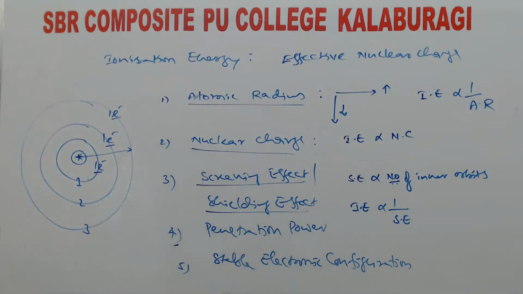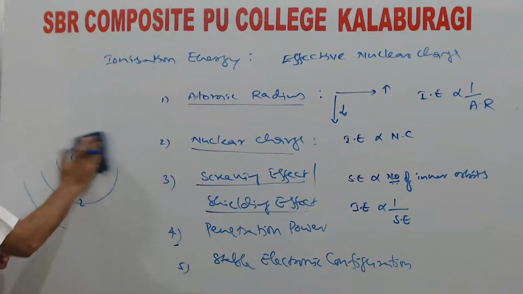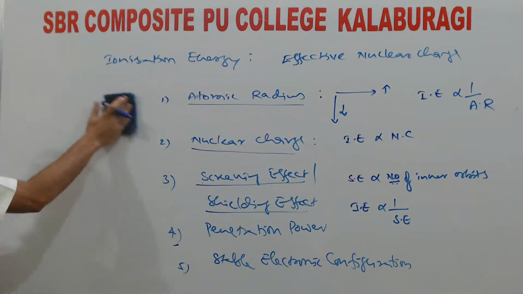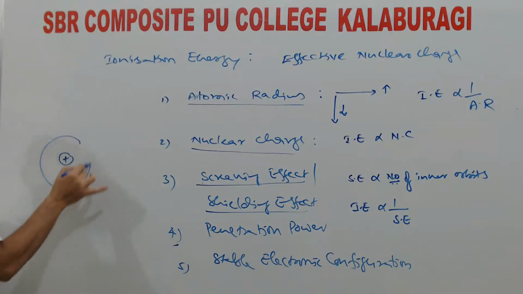Then, one more factor is penetration power. What is this penetration power? And how will it influence the ionization energy value? Say, this is nucleus and this is orbit.